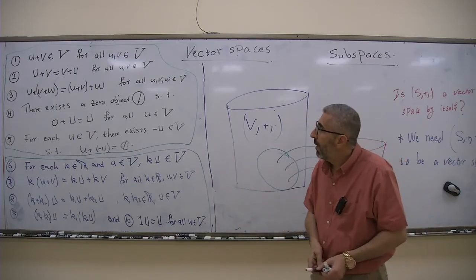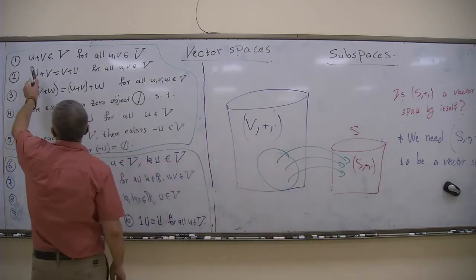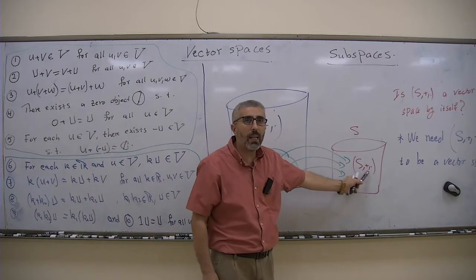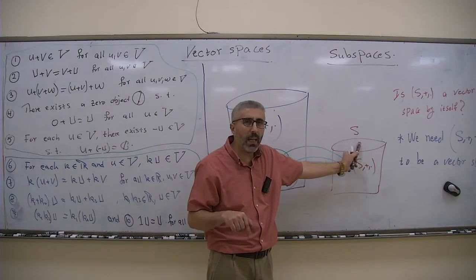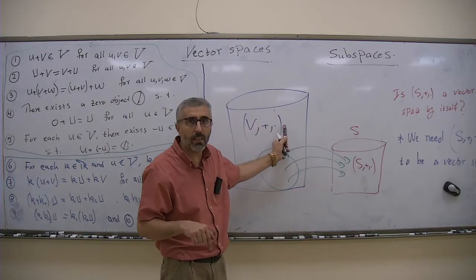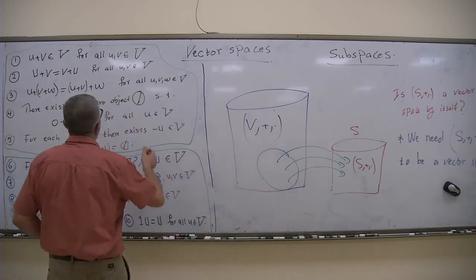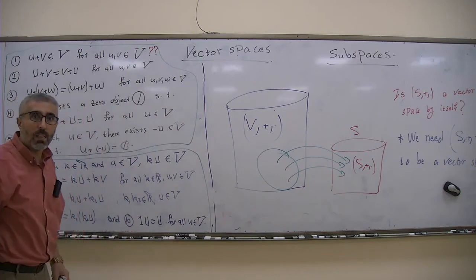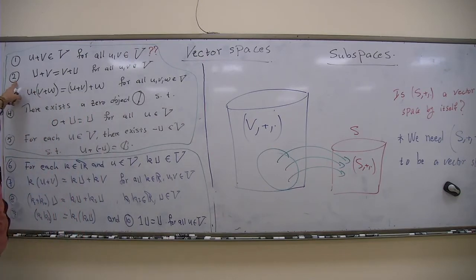So for example, the first one, u plus v. If you take two vectors here and you add them, is the result going to be in S? Or maybe you did not take it. So that is not obvious. That we need to double check here. What about the second one?